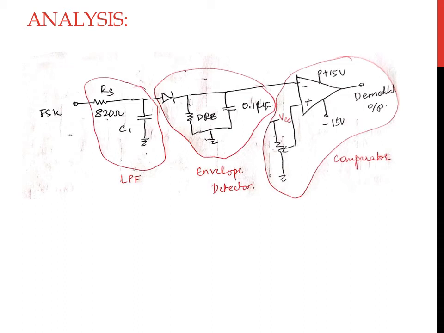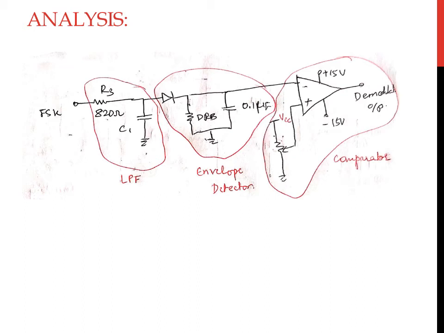The FSK signal, which consists of both 20 kilohertz and 2 kilohertz, will be passed through the low pass filter, which is designed for a particular cutoff frequency, and then pass through the envelope detector and the comparator.